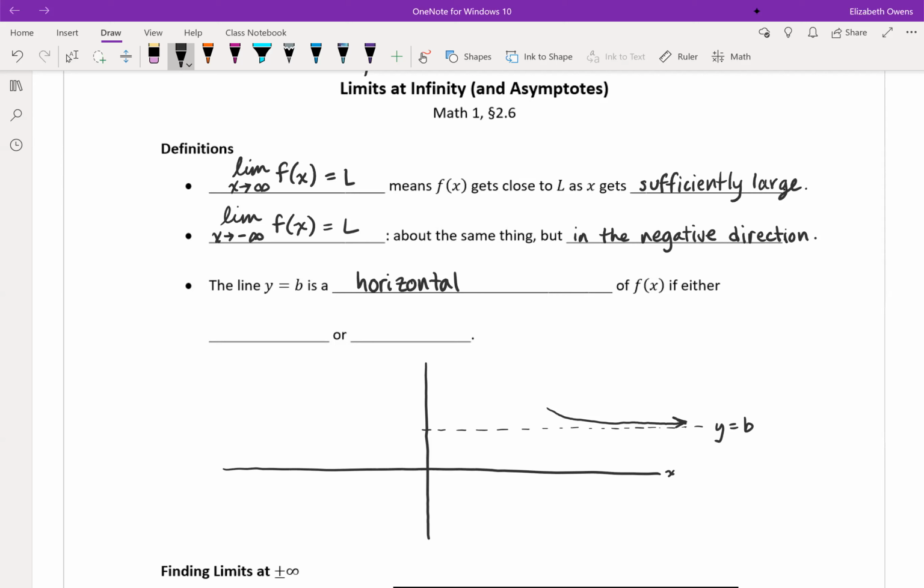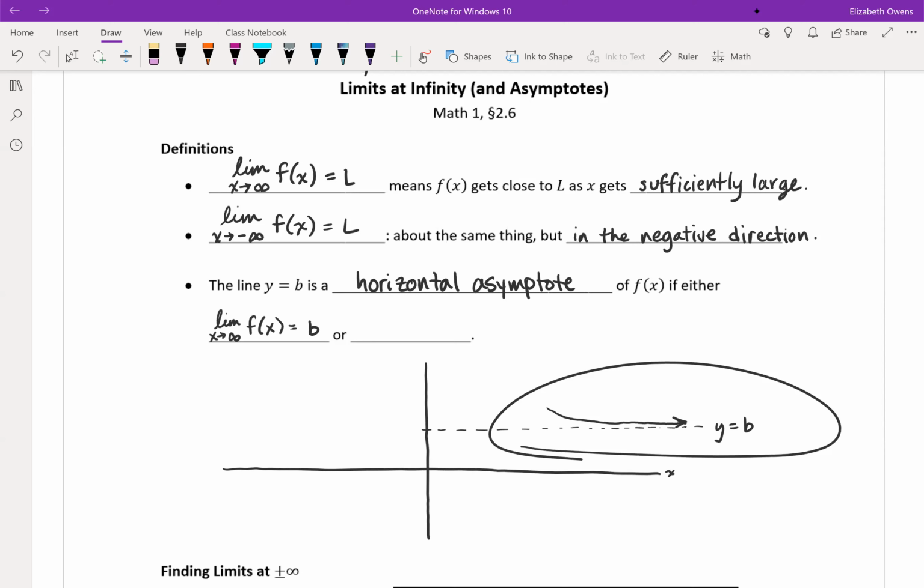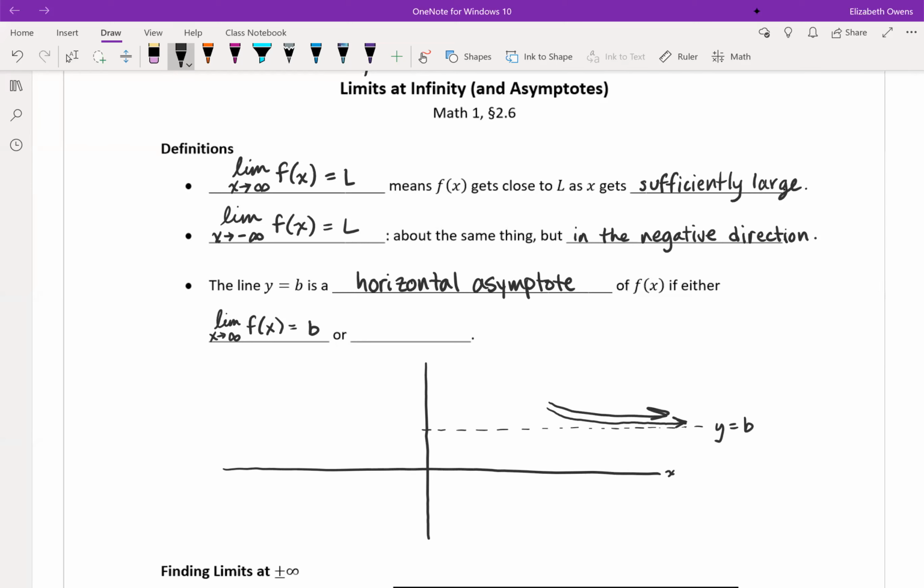Okay, so y equals b is a horizontal asymptote of f of x if either the limit as x approaches infinity of f of x equals b. So that would be like this case that I've drawn here. As x is getting really, really large, it's flattening off to a y value of b.